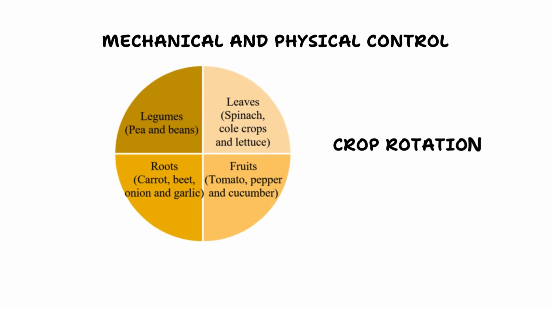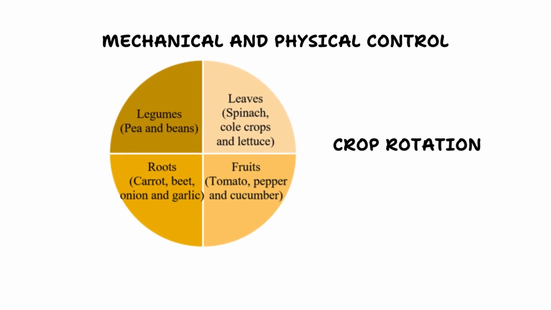Mechanical and physical controls such as crop rotation and pruning can effectively manage powdery mildew in agricultural settings. Crop rotation basically involves alternating the types of crops that we grow in a particular field over multiple growing seasons, and this one disrupts the life cycle of the fungus and reduces the inoculum buildup in the soil.